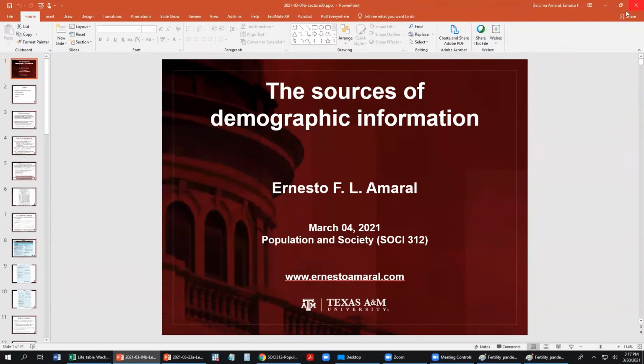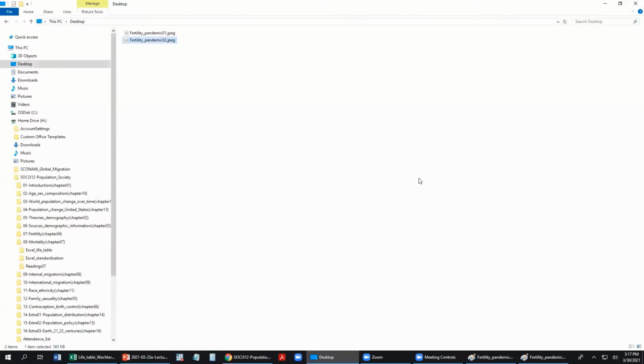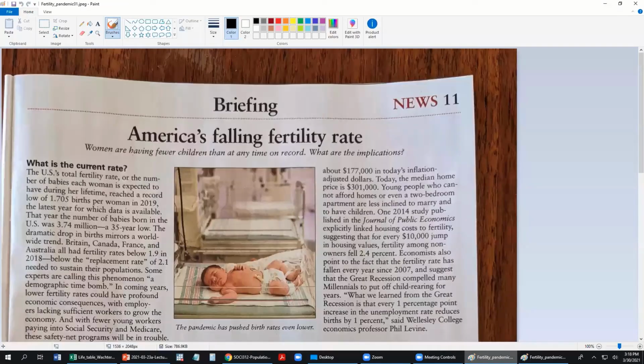In the last class, I mentioned some possible effects that the current pandemic might have on fertility rates. When we hear informal conversations about the effects of the pandemic on fertility, people usually joke, saying that now that people are staying more at home, we would see an increase in the fertility rate.